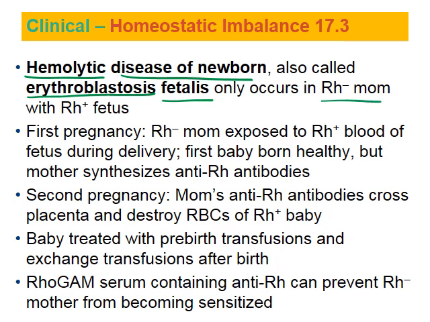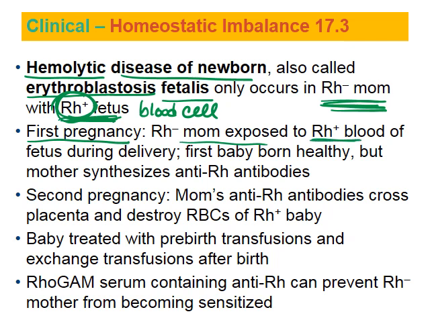So some of you might be familiar with hemolytic disease of the newborn, or erythroblastosis fetalis. Basically what happens is mom is RH negative. The fetus is RH positive. Your immune system doesn't know that you're pregnant. All your immune system sees is the RH positive blood cell. So if mom is negative and baby is positive, the first pregnancy, not as terrible. Mom is exposed to the RH positive blood. First baby, no problem.